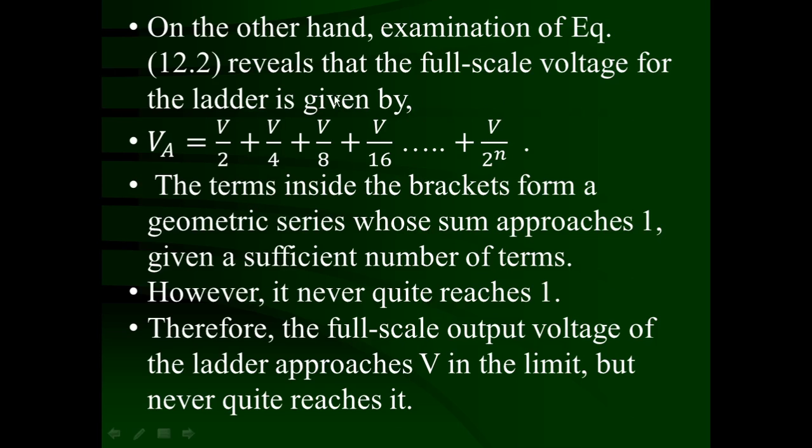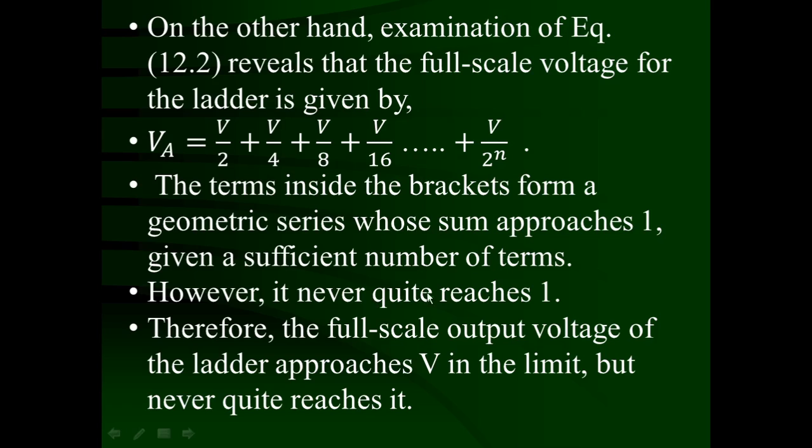On the other hand, examination of equation 12.2 reveals that the full scale voltage for the ladder is given by Va is equal to V by 2 plus V by 4 plus V by 8 plus V by 16 plus, etc., up to V upon 2 raised to n. The terms inside the bracket form a geometric series whose sum approaches 1, given a sufficient number of terms.